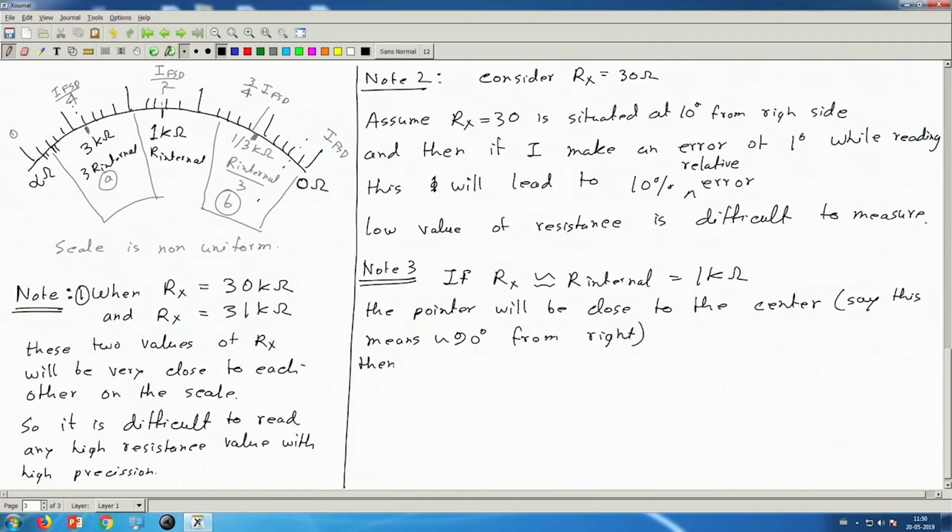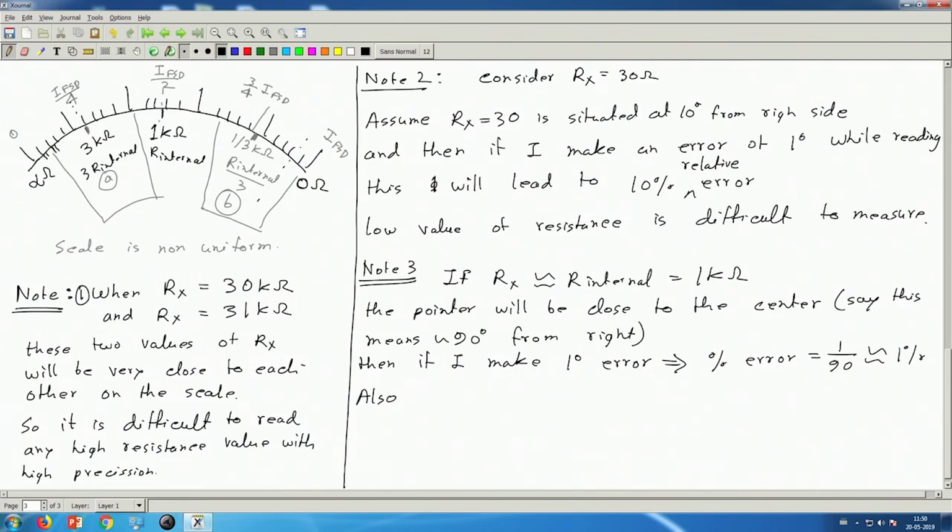Then if I make 1 degree error, this will lead to a percentage error of 1 over 90. Approximately how much will it be? I mean, this is approximately 1%, much less than this. And also, okay, so this is 1 kilo ohm.